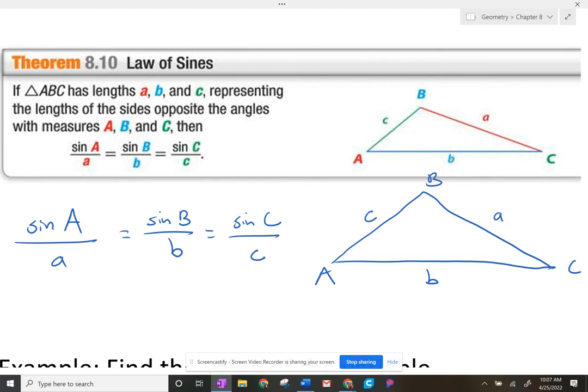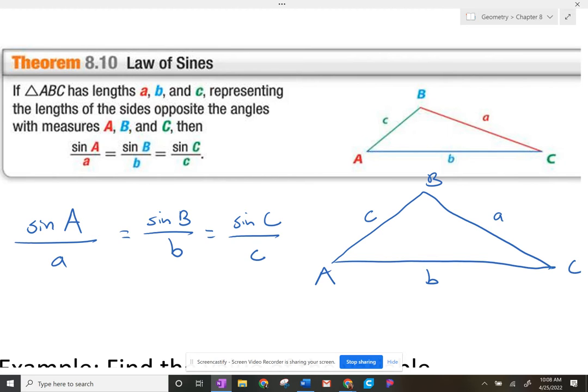So the rule with the law of sines is that if we take the sine of A, in your calculator, you punch in sine and then whatever the degree is, because remember, whenever you have sine or cosine, the number that goes immediately after that in your calculator is the actual degree.